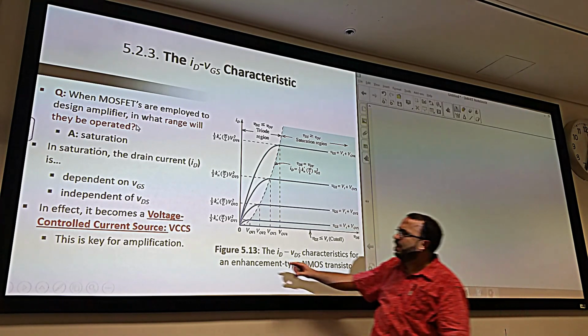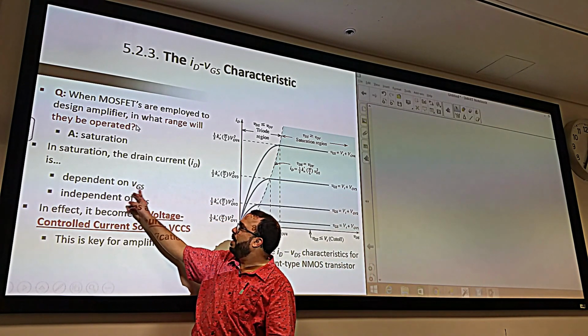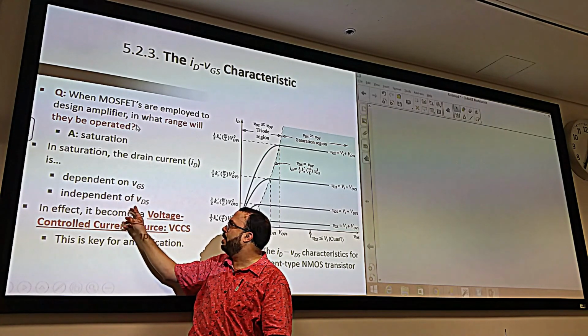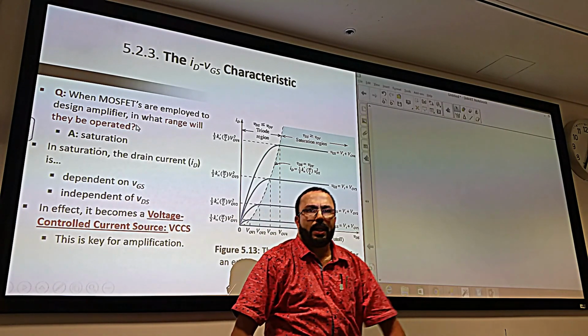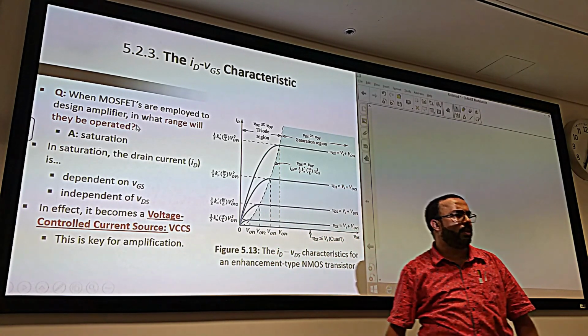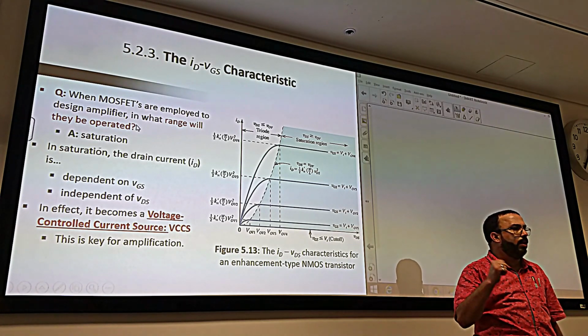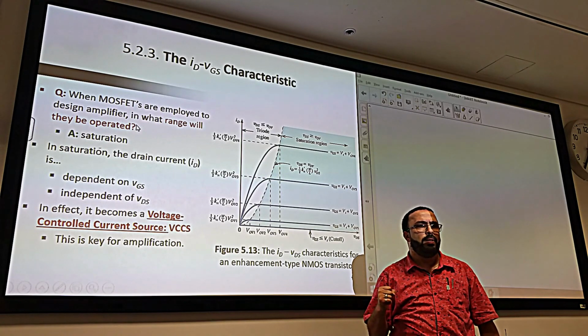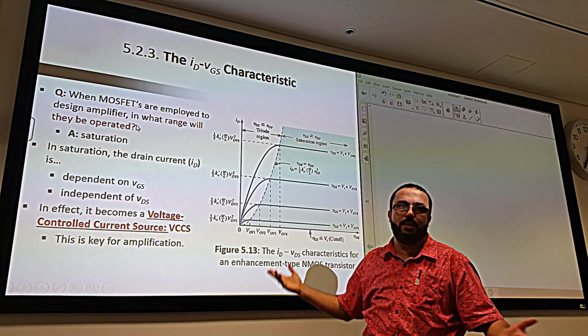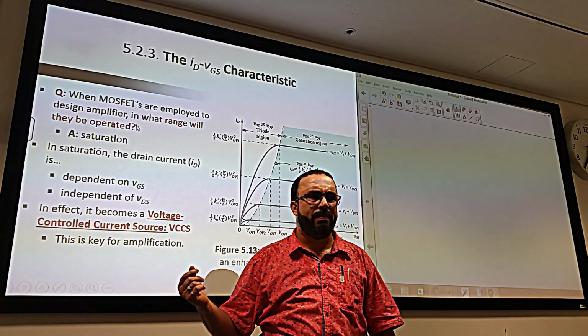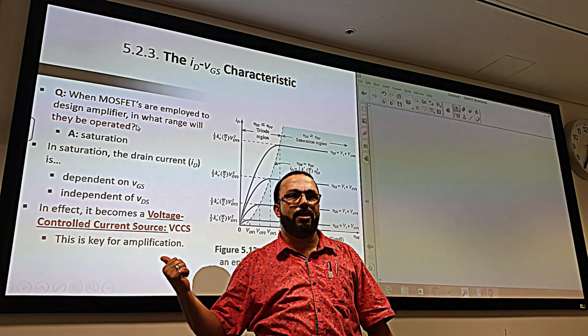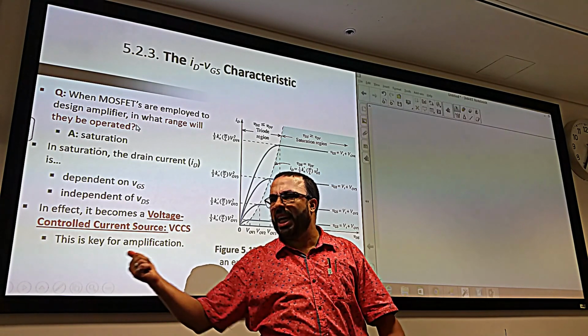In saturation, the drain current depends only on VGS. It doesn't depend on VDS. Who's the input here, the controlling voltage of the MOSFET? Is it VDS or VGS? VGS. That's the one who controls, off, on, yes or no? And the output is VDS and IDS.